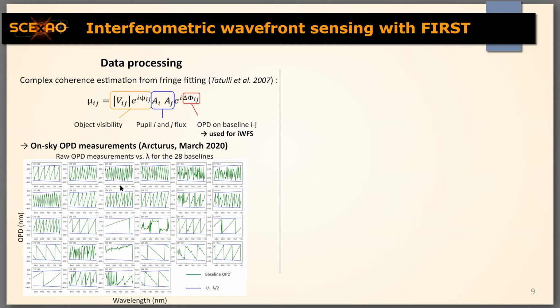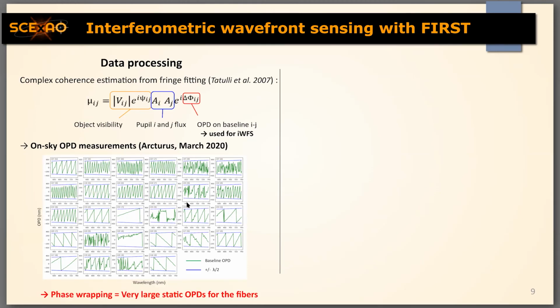And so we have very numerous wraps over the spectral capability of the instrument. The fact that we have lots of wraps is because we have very large static OPDs between the various subapertures that actually come from the single mode fibers.